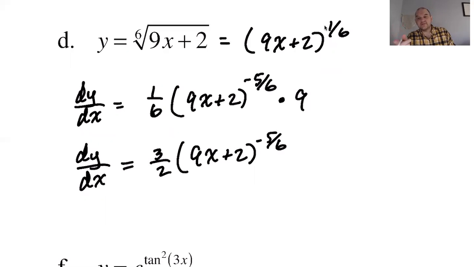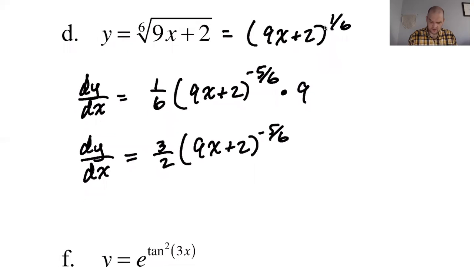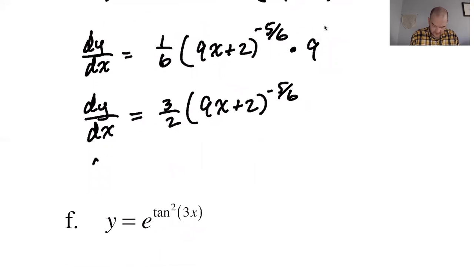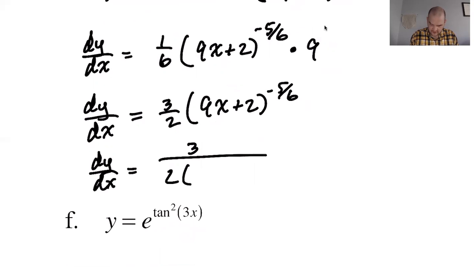The only thing you might want to do here is rewrite it like this: 3 over 2, the quantity 9x plus 2 to the positive 5/6, in the denominator. Because now it's really obvious that x equals negative 2/9 is a 0 of the denominator. So it's not in the domain of the derivative, which means the derivative is undefined there.